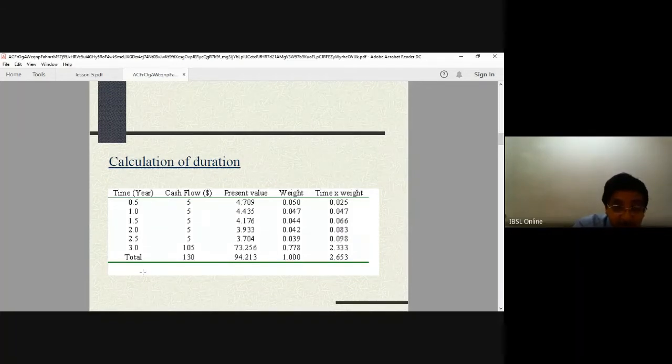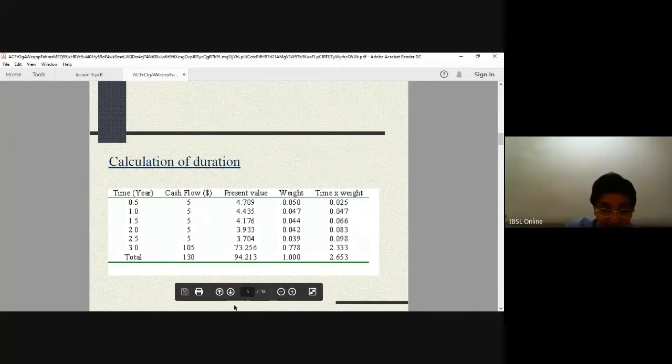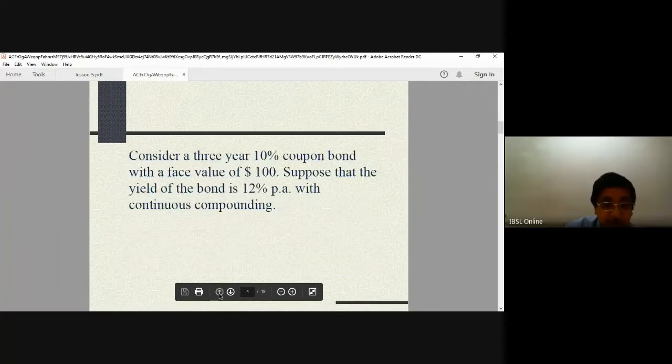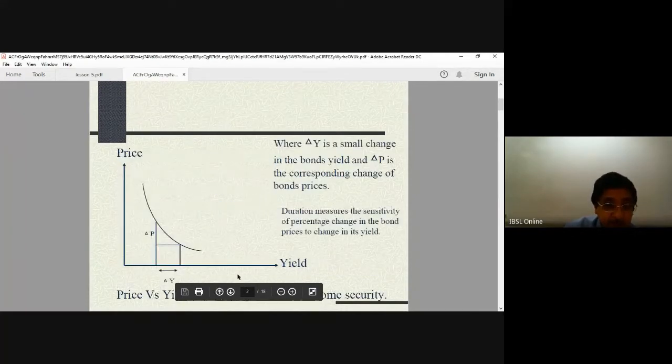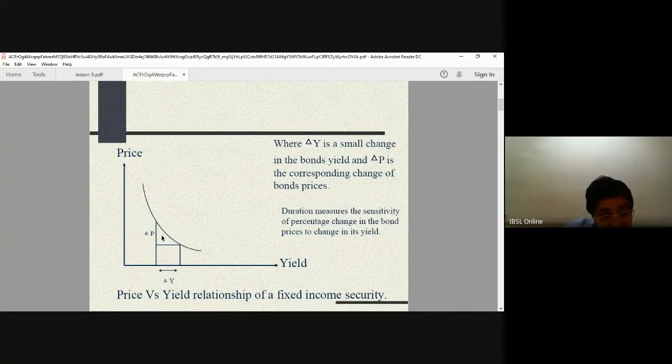So now I am referring to that adjustment. There's another measure called convexity that comes after duration. Convexity really means, I can show you geometrically. Now you can see the curvature here. Convexity is a measure of this curvature.